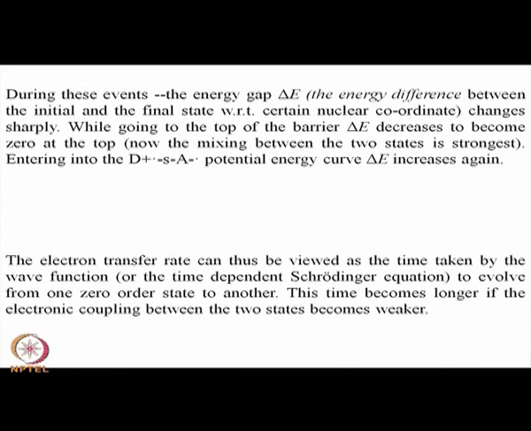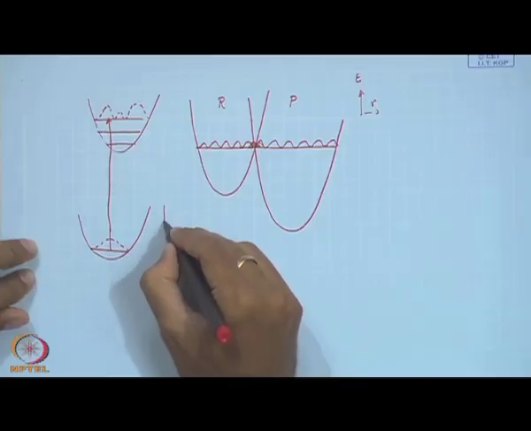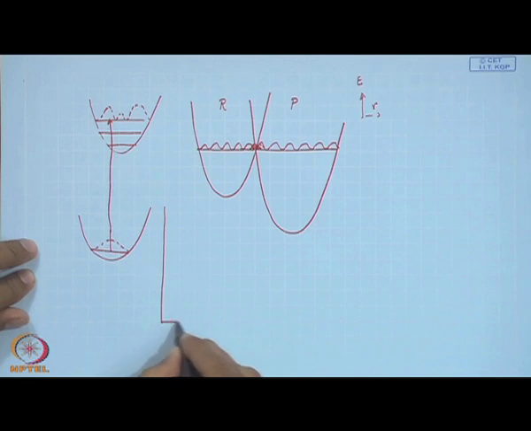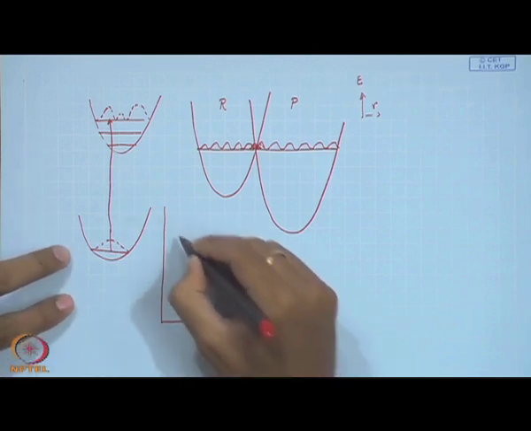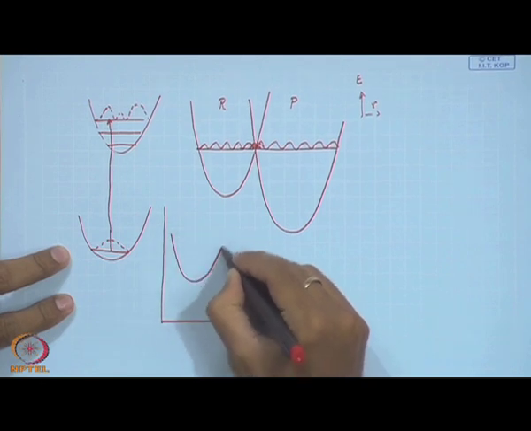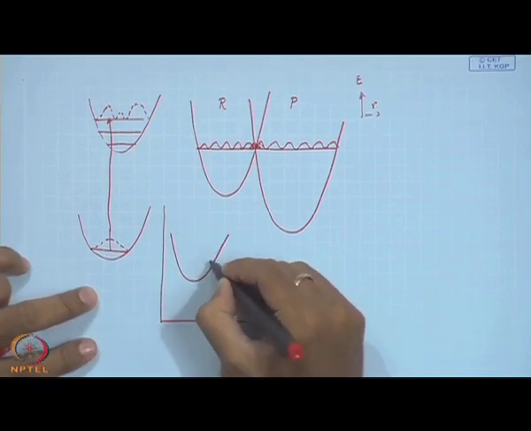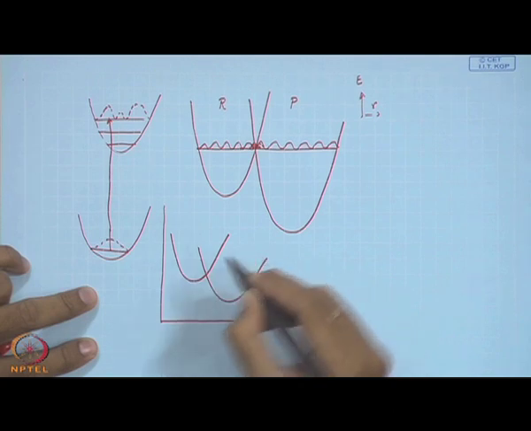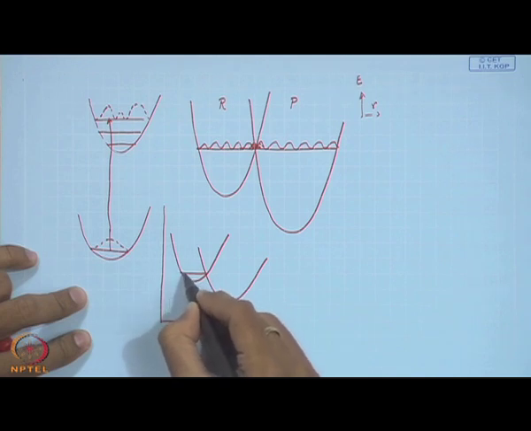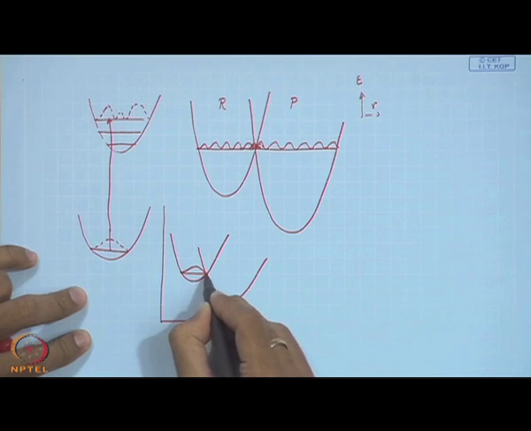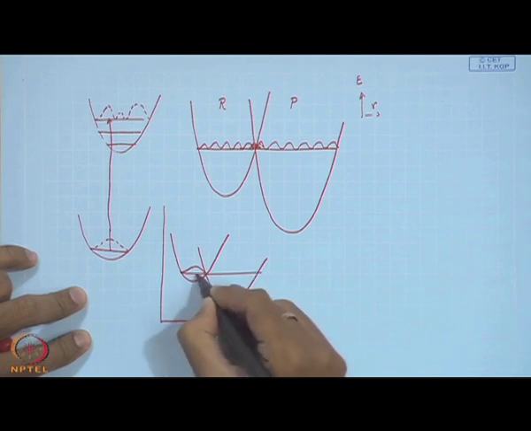Now, in the normal case, if we just plot some vibrational ladder, it may look like this: this is one potential surface, that is another potential surface, and we can think of having some overlap, maybe over here.